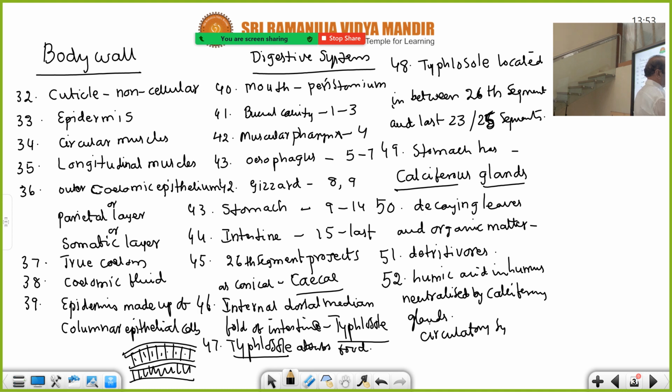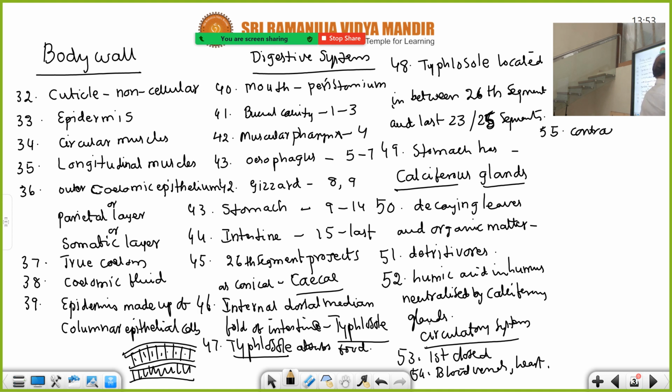Then come to the circulatory system. For the first time in earthworm, it is developed closed. First closed circulatory system, without any heart in the general sense. And the circulatory system includes blood vessels, heart, etc. So the circulation of blood is under the control of contractions created by blood vessels.